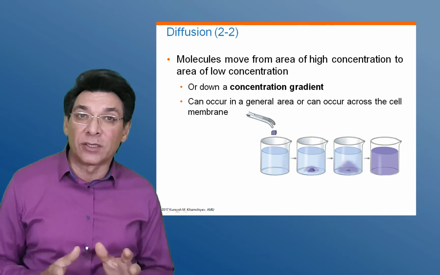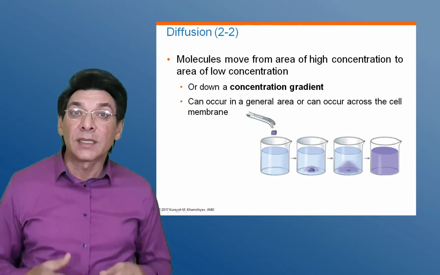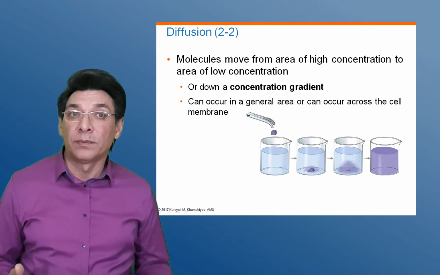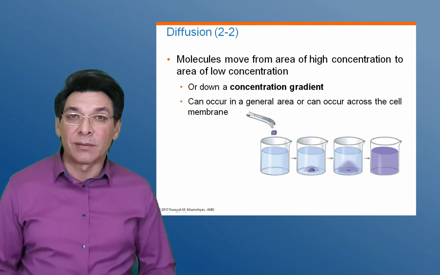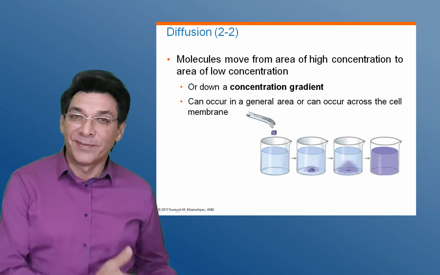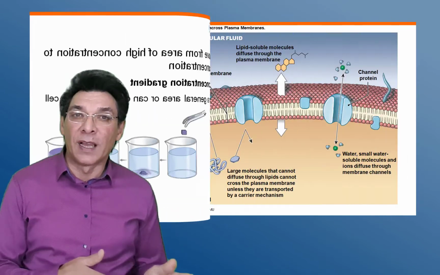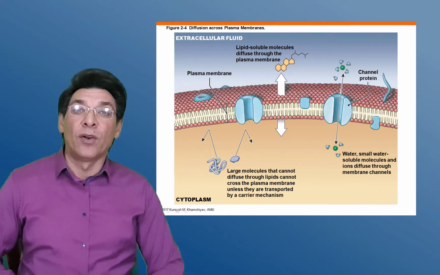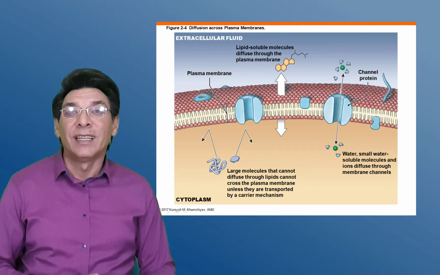There are some factors that affect the rate of diffusion. Size of the molecule: the smaller, the faster. Distance: the shorter, the faster. Temperature: warmer, faster. Surface area of membrane: greater, faster transport.